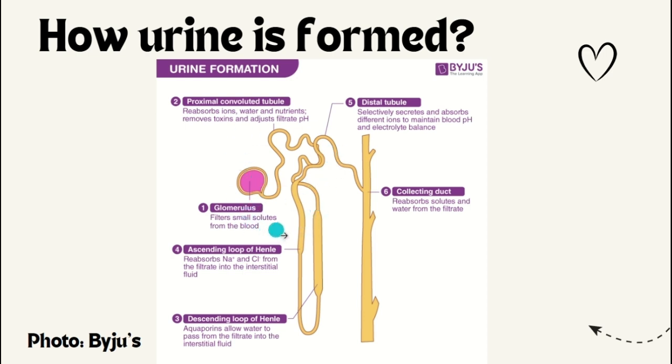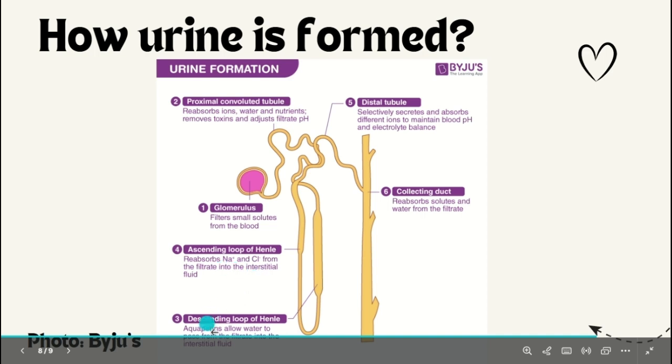It's basically a filtering process: filter out the small solutes, then reabsorb the ions, water, and nutrients, remove the toxins, and adjust the filtrate pH. Then in step 3, you have the descending loop of Henle, right?